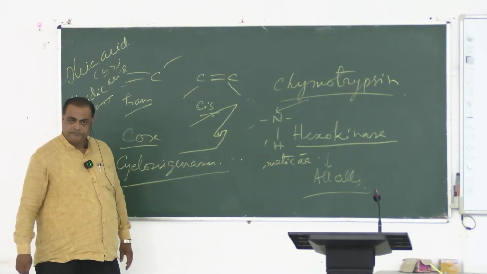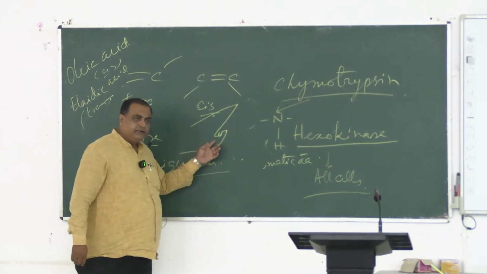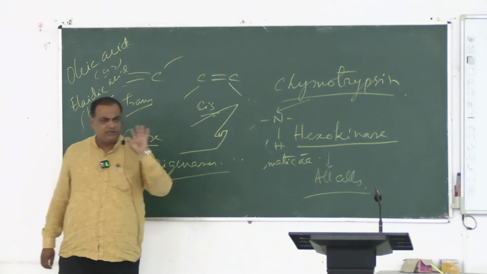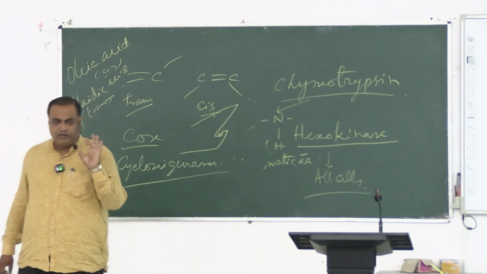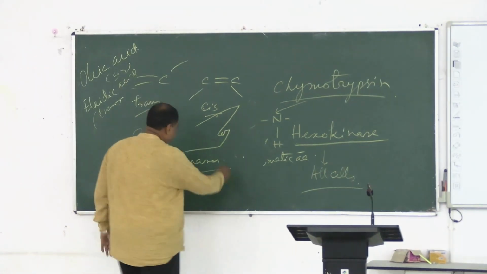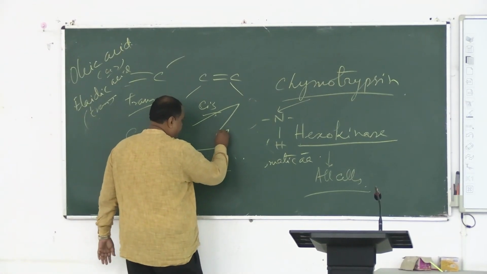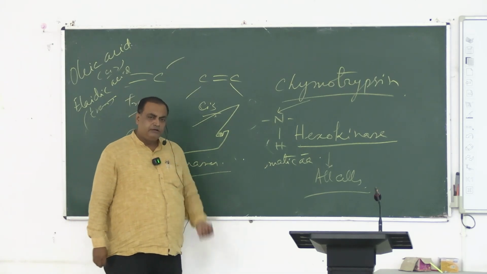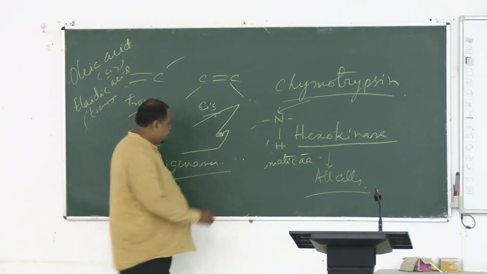Correct? The active site has space just sufficient for one hexose sugar. Fine? So one hexose sugar is occupying, and it can accommodate only one phosphate.